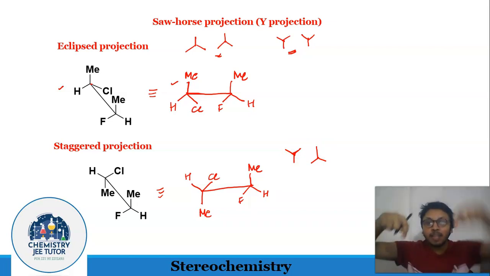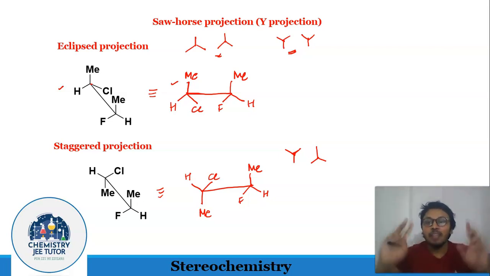One's head corresponds in the same line to one's tail. That means it is a staggered projection. That is, the Y's are pointing in different directions. So students, when the Y's are pointing in the same direction, whether both up or both down, it is an eclipse projection. And when the Y's are pointing in different directions, it is a staggered projection.